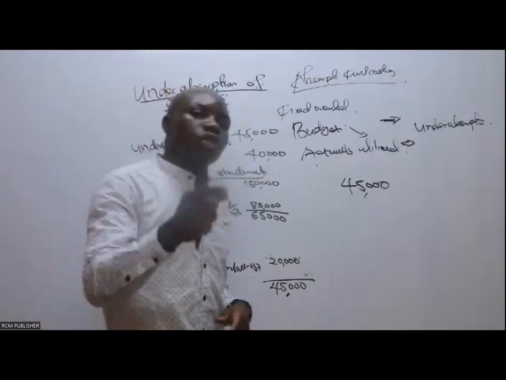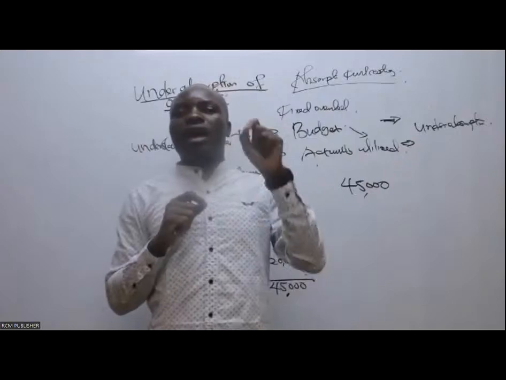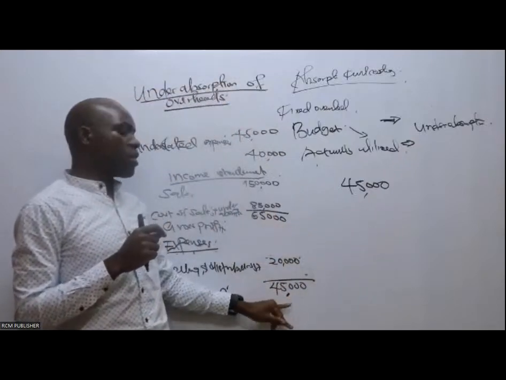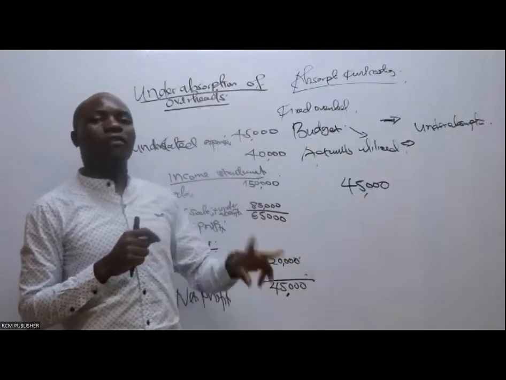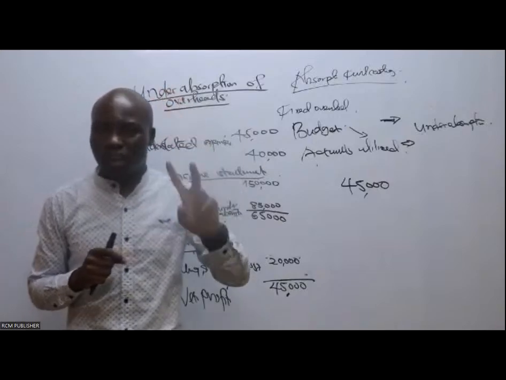Or I add it to cost of sales. When I add it to cost of sales, my gross profit will reduce and then it rectifies my net profit down here. So we have two ways of dealing with under absorption of overheads.